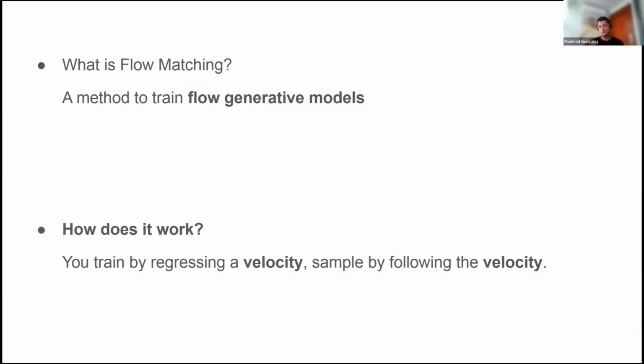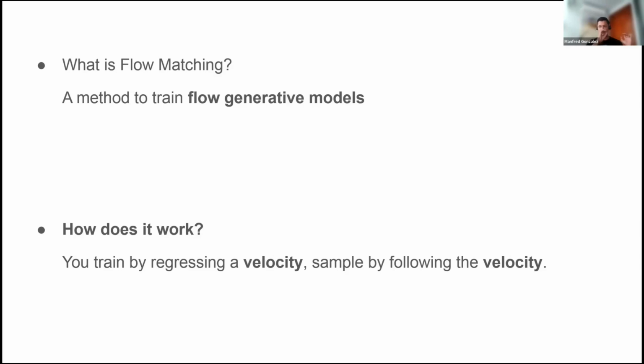When I talk about distributions, let's say you have a distribution of images of dogs, for example, and you want to generate synthetic images of those dogs. Well, basically, you can generate images if you follow the training scheme and the sampling scheme of flow matching.